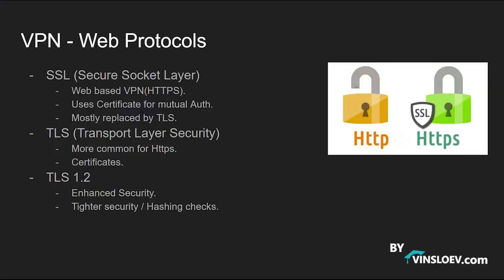So VPN, which stands for Virtual Private Network. There are several ways that a VPN can be established, and most of us are actually having a VPN running whenever we are visiting a banking site or a grocery site, or for example Amazon.